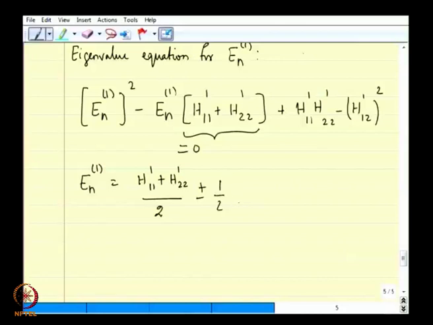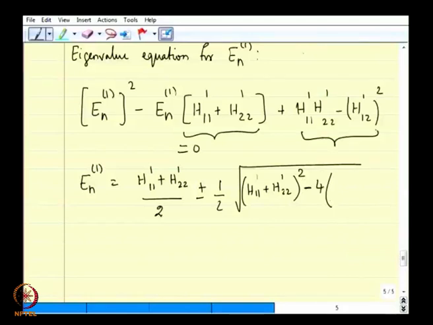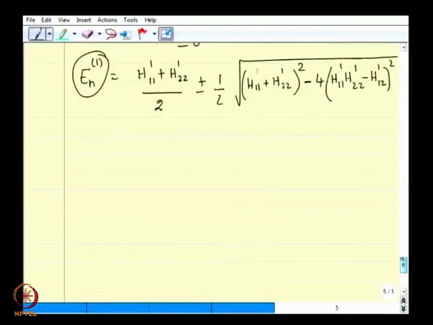So there is a 1 over 2, and b square is H111 plus H122 whole square minus 4, with a equal to 1, times H111 H221 minus H121 whole square, the square root. This is the solution to the En1, and you have obviously two solutions which you can simplify further.